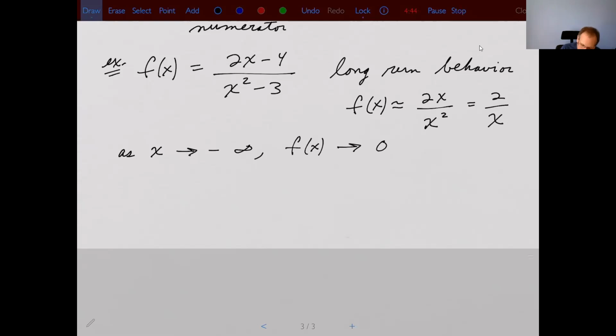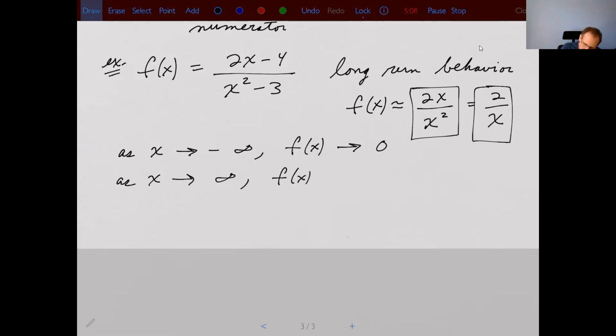So that means our rational function is also going to approach 0, right? Because it only depends on the leading term of the numerator divided by the leading term of the denominator, which is 2 over x. And then if we go the other way, as x gets really, really large, well, what happens? Think of 2 over 100, 2 over 1,000, 2 over a million, 2 over a billion. Again, the function is going towards 0.